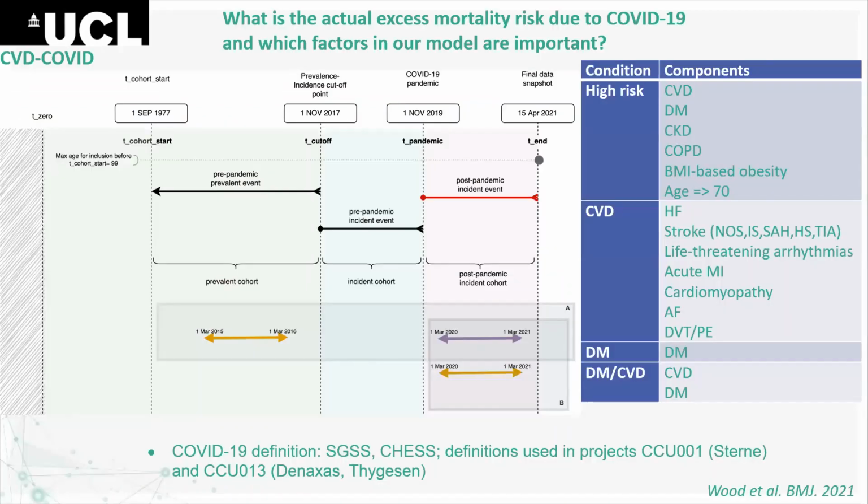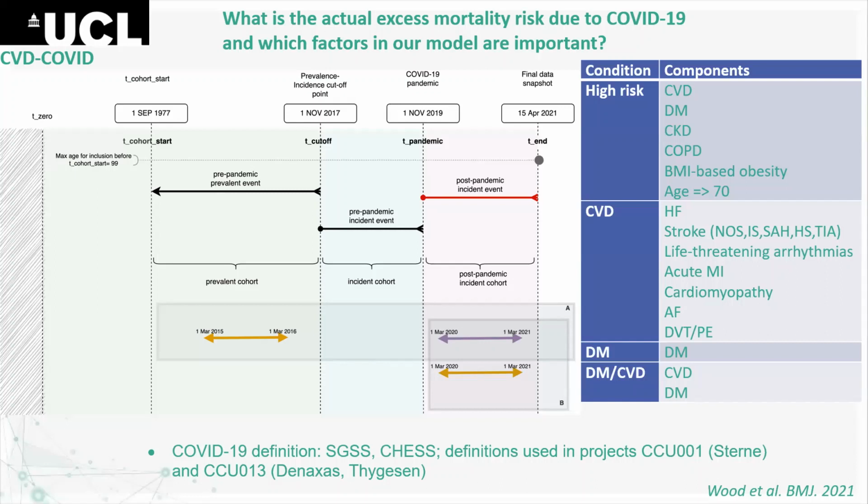So the CVD-COVID consortium and the TRE gives the opportunity to look at whether our model was in the right ballpark, and which parts of the model are important, if any.